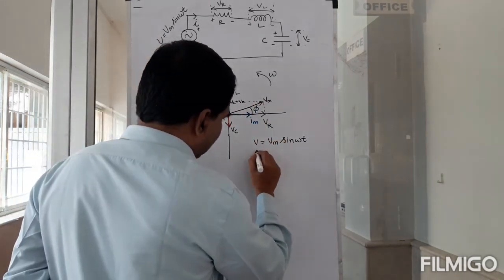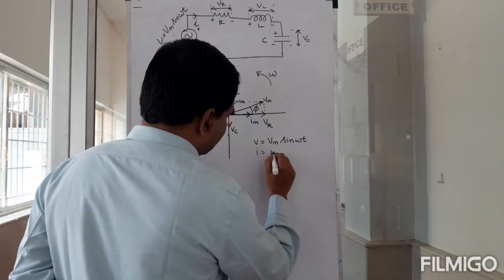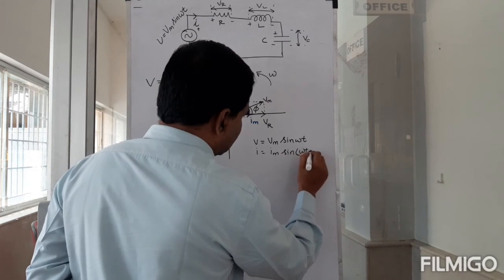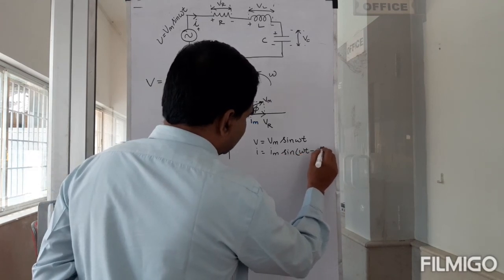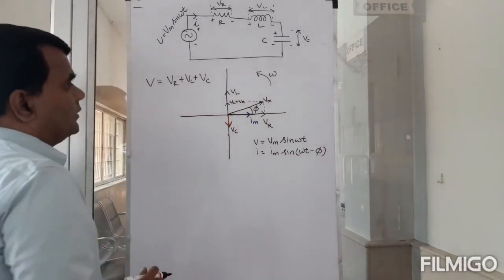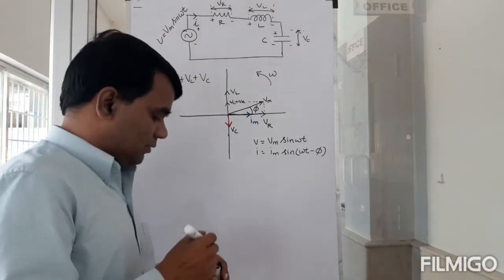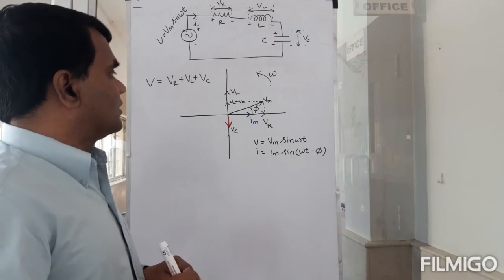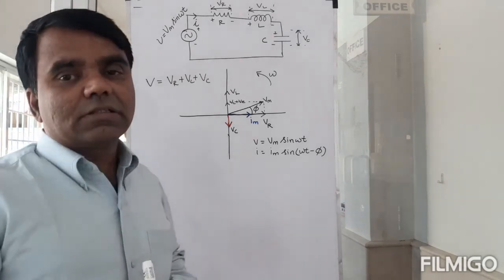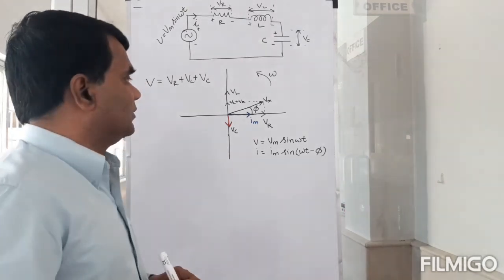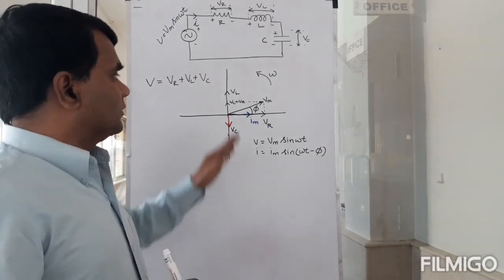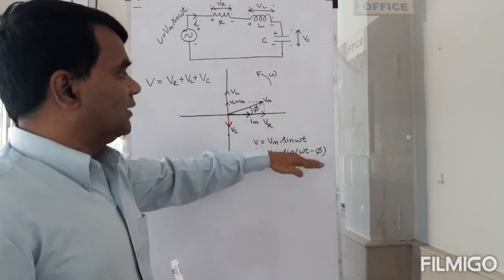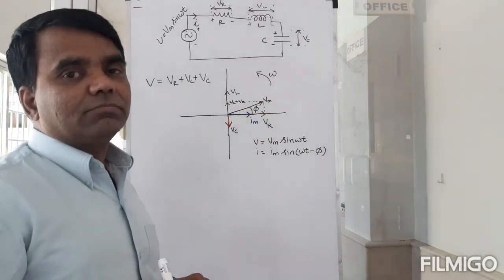So that would be I is equal to Im sine omega t minus phi. This is what is happening here. So the current is lagging the voltage by an angle phi.